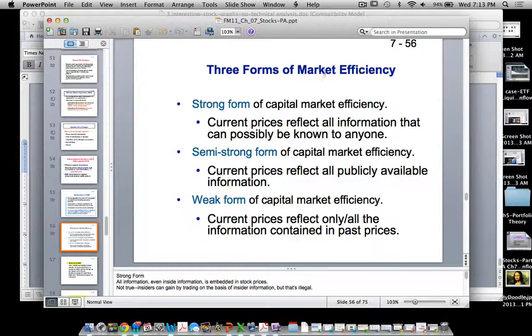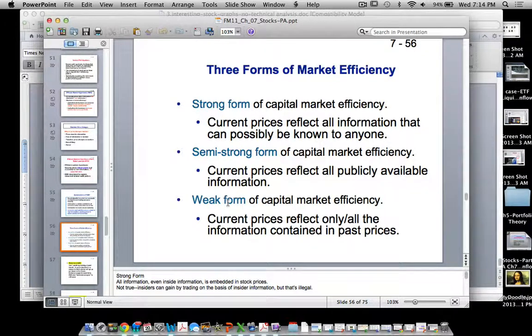There are three forms of market efficiency: strong form, semi-strong form, and weak form. The weak form one is the easiest to actually accept, and I seriously urge you guys not to do that. A lot of Main Street does that, a lot of even Wall Street does that, because I've been on both those streets.